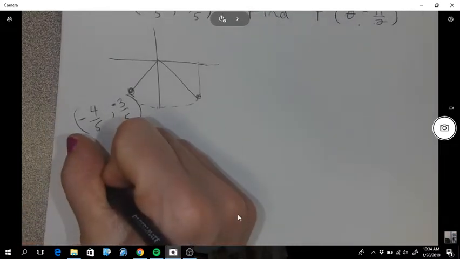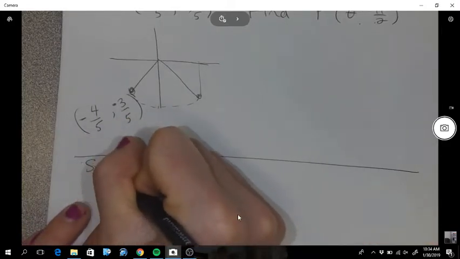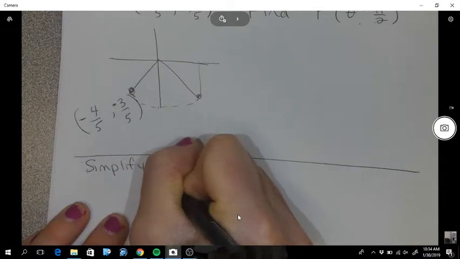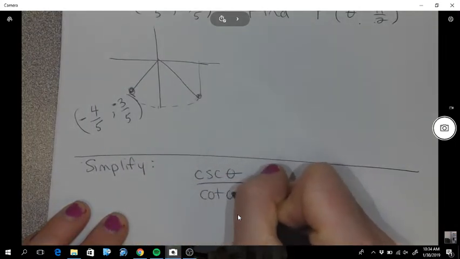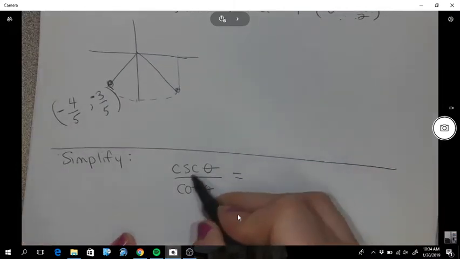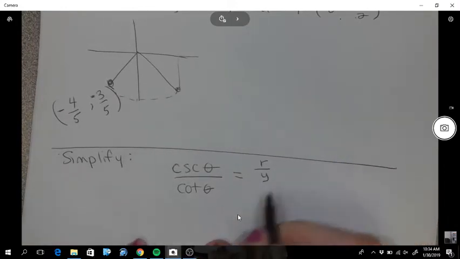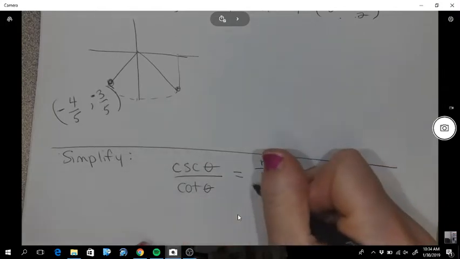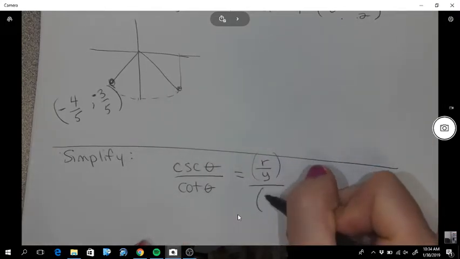And the last example here. Can you simplify cosecant of angle over cotangent of angle? Okay, so we know that cosecant is the opposite of sine, and cotangent is the opposite of tangent.